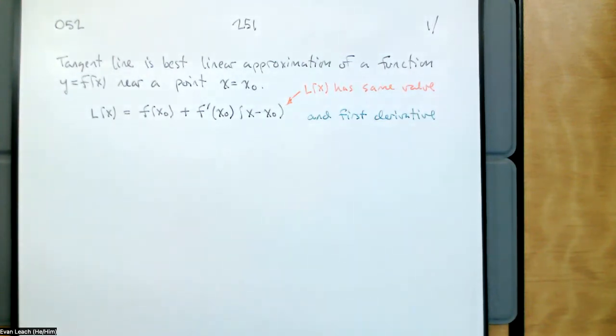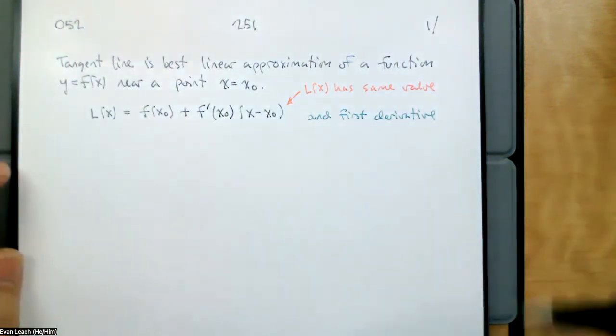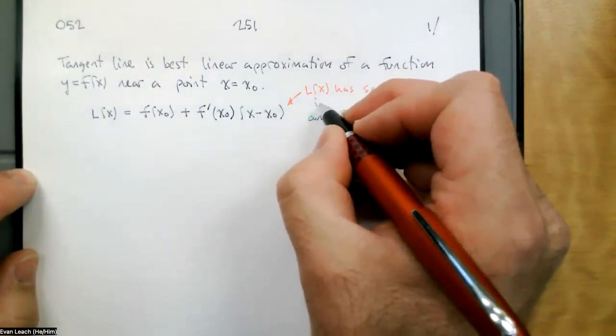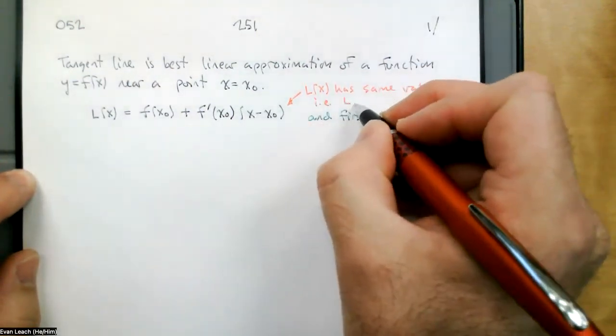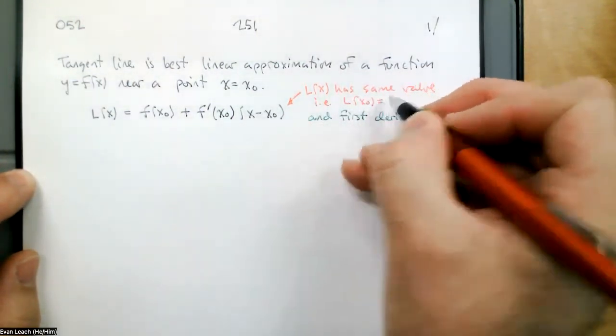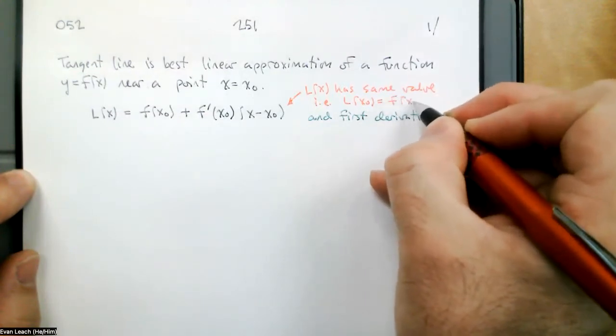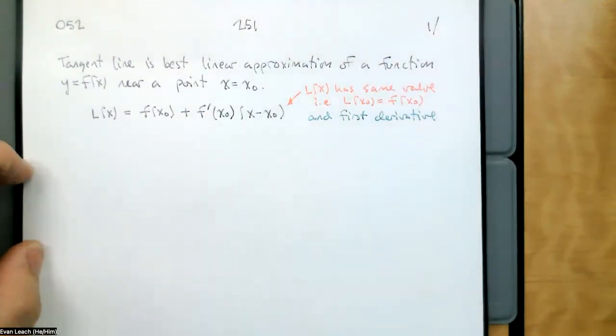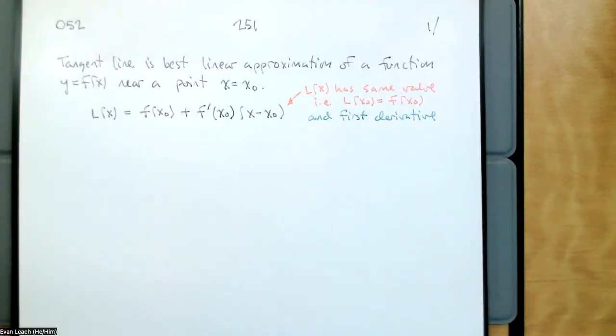What we mean is that L at x naught is equal to f at x naught. It's going through the same point and going in the same direction.